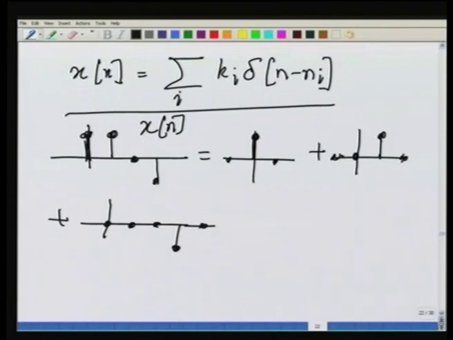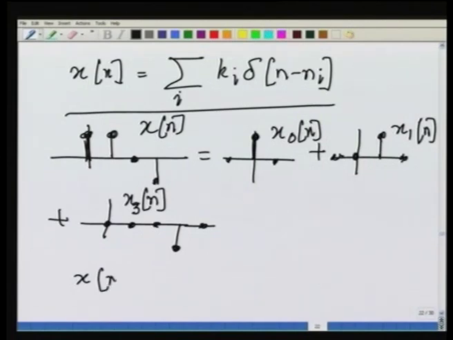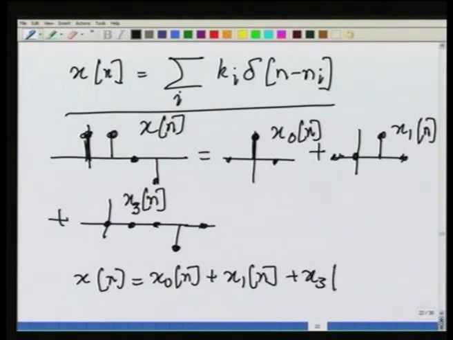It is very easy to see that if I call these signals x 0 of n, x 1 of n, and call this x 3 of n, where the subscript essentially indicates the point on the time axis where the non-zero value of the original signal is substituted, with all other values being kept at 0, then you can see that x n now equals x 0 n plus x 1 n plus x 3 n.